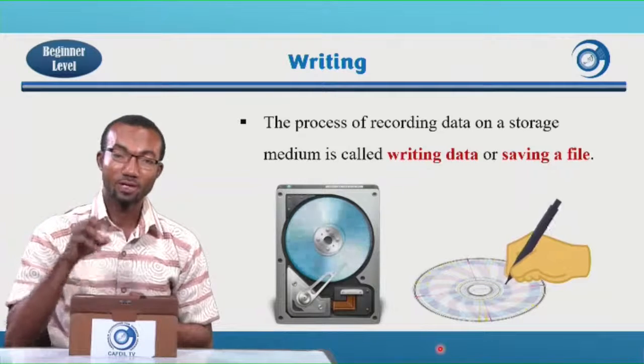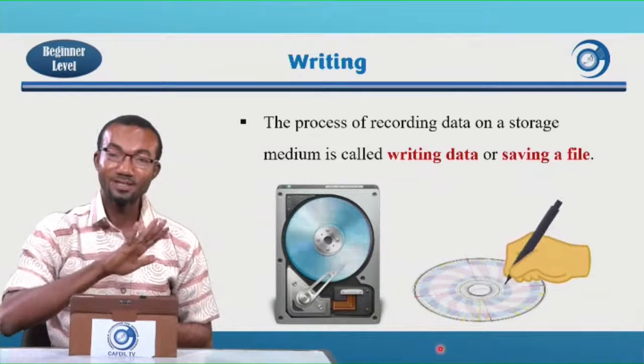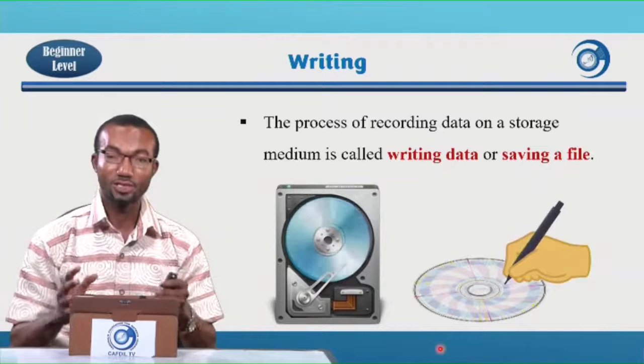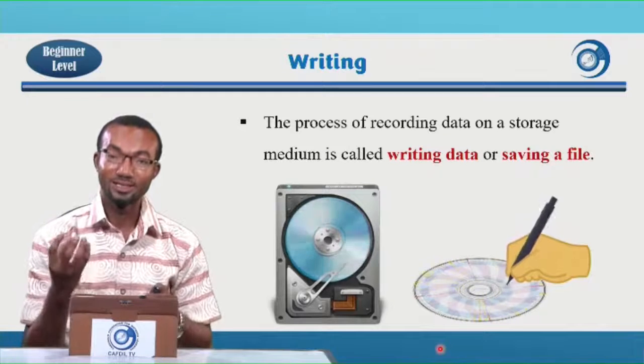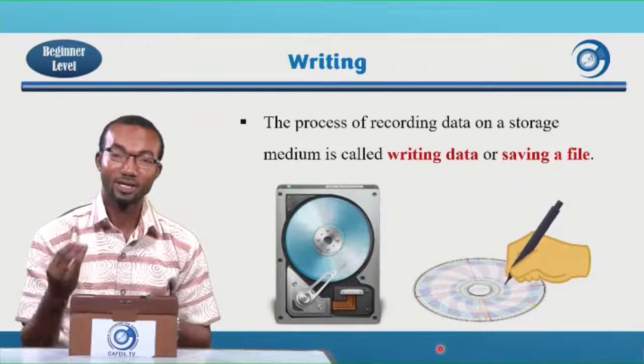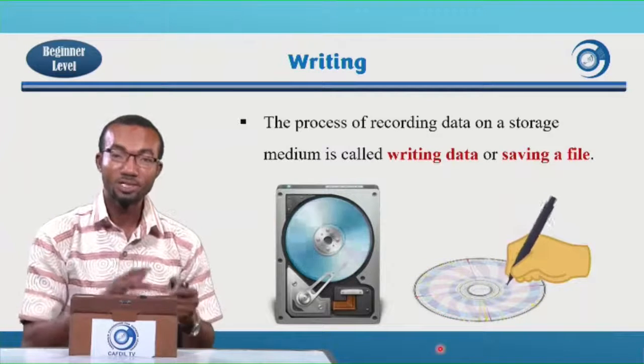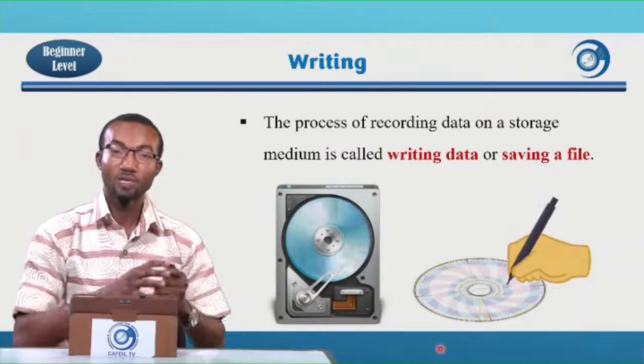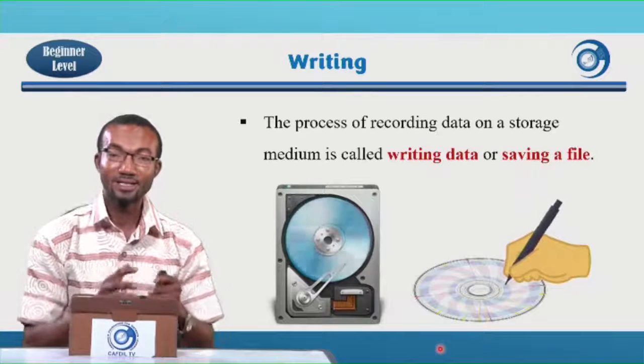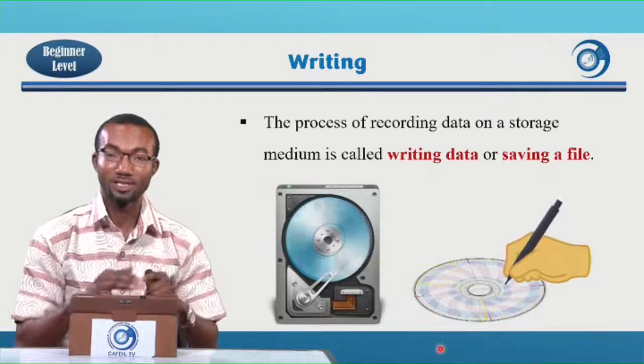When you start working on your PC and you haven't saved it on any storage medium, viewers, the data or information that you are working on is on the RAM. So immediately you want to make it permanent, we said that any data or information on the RAM is temporary.